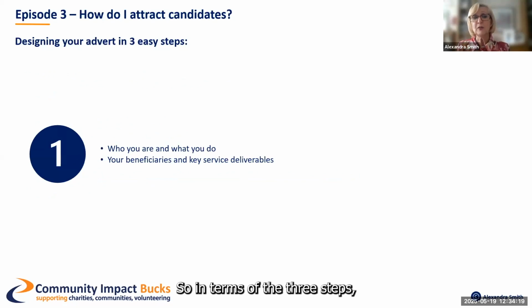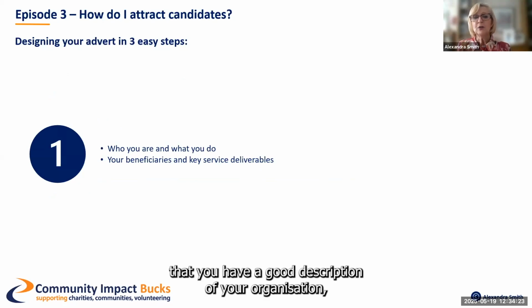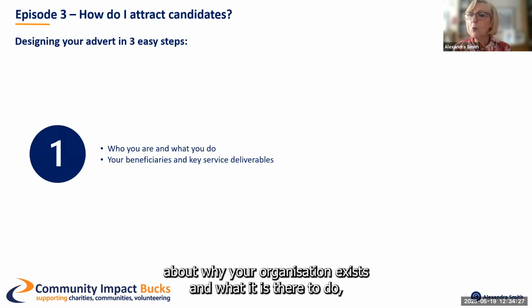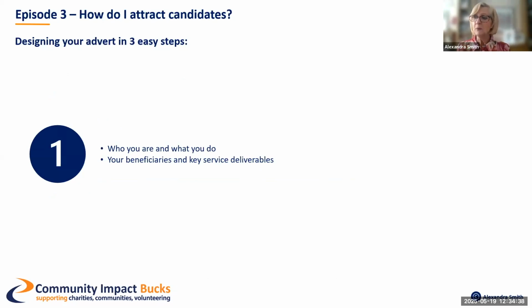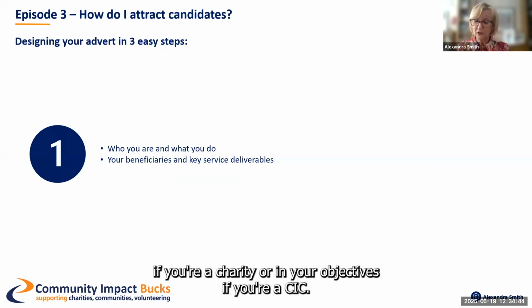So in terms of the 3 steps, please consider that you have a good description of your organisation, about why your organisation exists, what it is there to do, what it is there to provide, and who it is that you're serving. You'll have a description of that, obviously, in your articles if you're a charity, or in your objectives if you're a CIC.